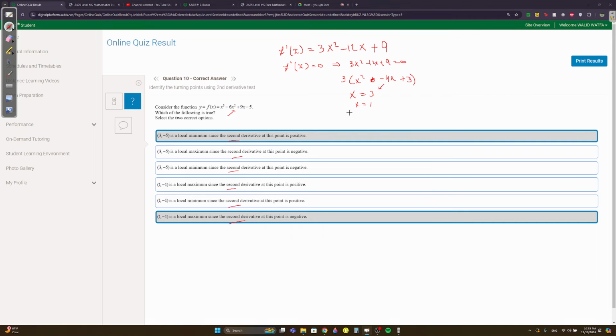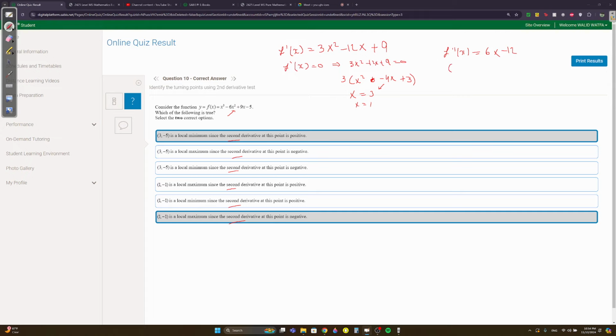So you have these two, and you need to see if it's a minimum or a maximum using the second derivative test. What do we do? F double prime of x, and you want to see if it's positive or negative at that point. What is f double prime of x? 2 times 3, 6, reduced by 1, x. 1 times minus 12, minus 12. 9 doesn't get derived.